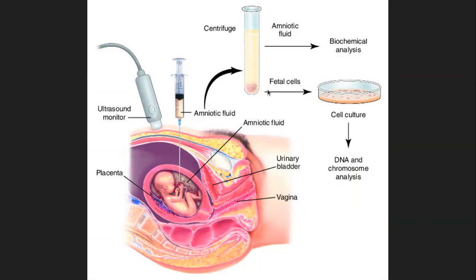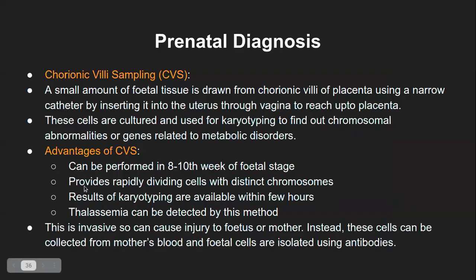Whatever fetal cells we are getting, they are called fetal skin cells later, because some of the skin cells also come into this amniotic fluid, but the viability of the cell will not always be as good as when you are taking live tissue. So that is when the chorionic villi sampling is better, which provides rapidly dividing cells with distinct chromosomes. That is, these are living tissue that you are taking out. So obviously, they will provide rapidly dividing cells.